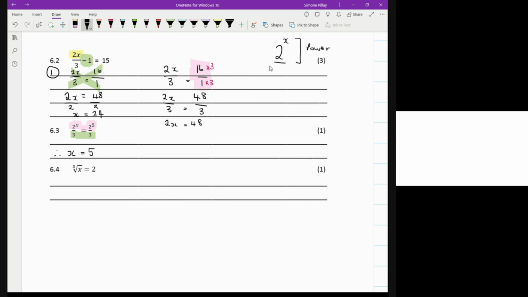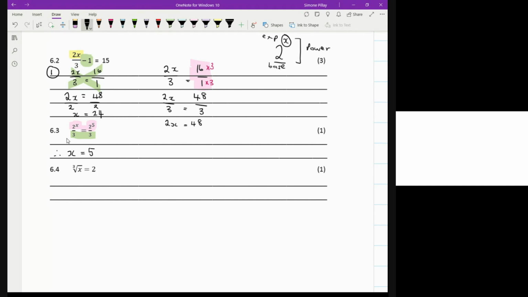This big guy is called the base, and my little guy is my exponent. So we want to get our bases the same. Here in this equation, our bases were already the same. And so as soon as our bases are the same, then we know my exponents must be equal. x must equal 5. And that was how we got that answer over there.